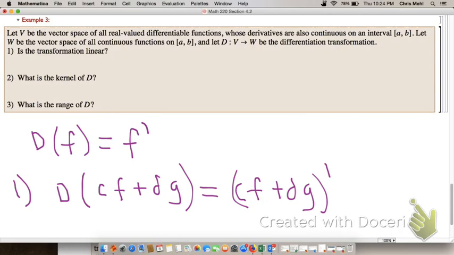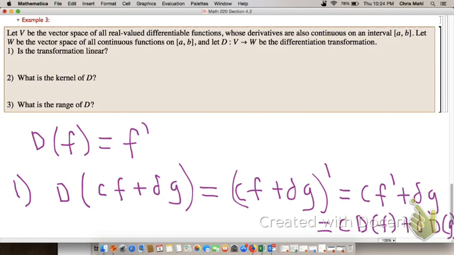So it should be no surprise that this does equal cf prime plus dg prime, and that is equal to c capital D of f plus d capital D of g.